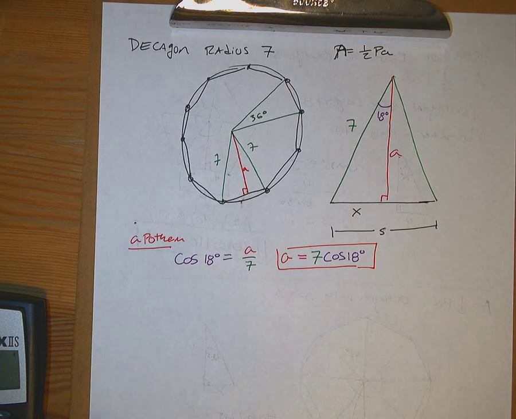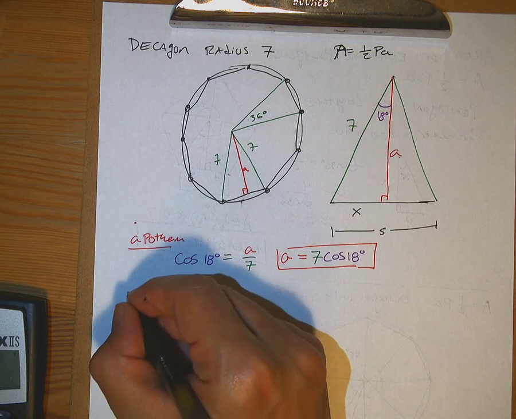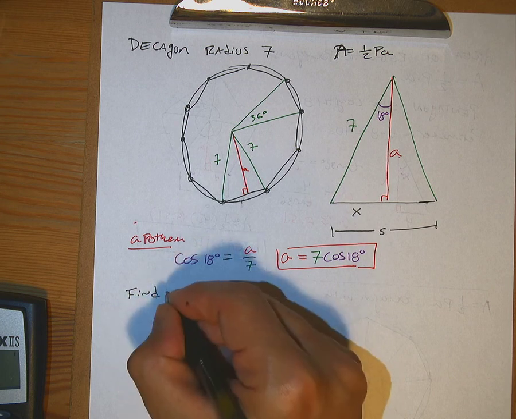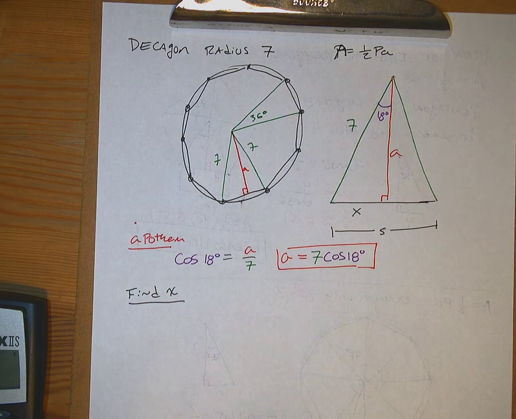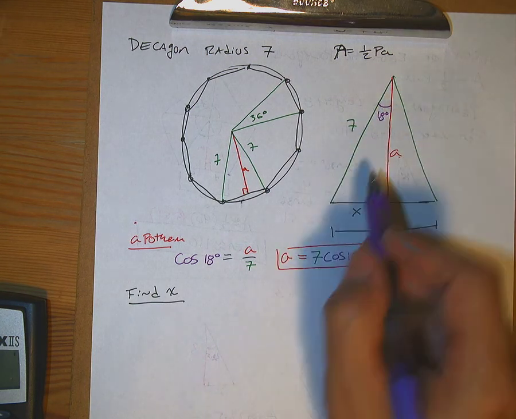Okay, now let's find x. So we're going to find x. And x is the opposite side from 18, and I'm going to again use the hypotenuse.